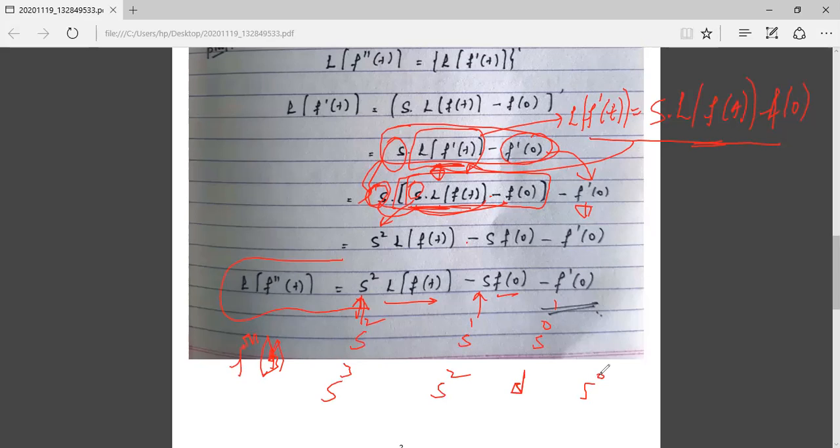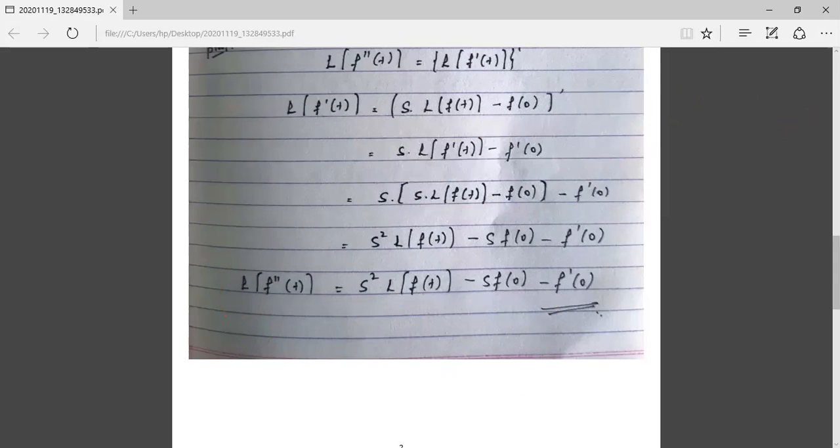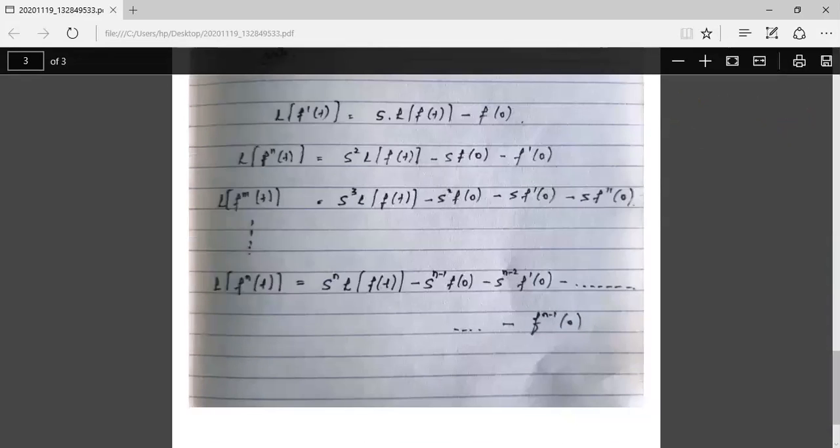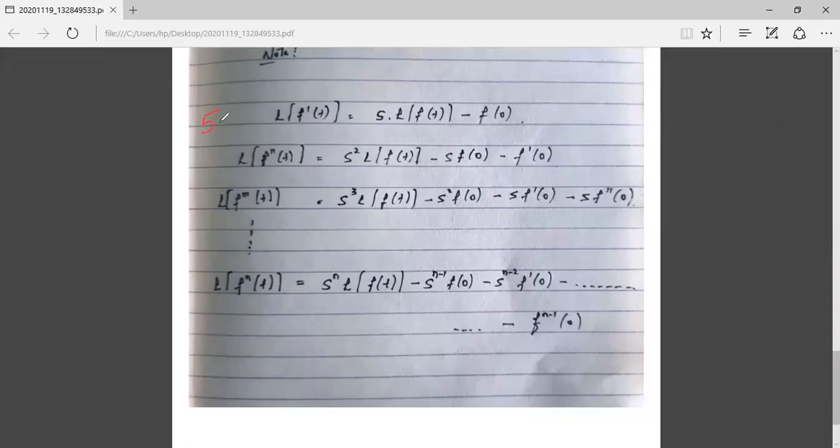Okay, we will explain this once again. See here, this is your 5.1 property, the Laplace transformation of the derivative. The Laplace transformation of f dash of t is equal to s times the Laplace transformation of f of t minus f of 0.